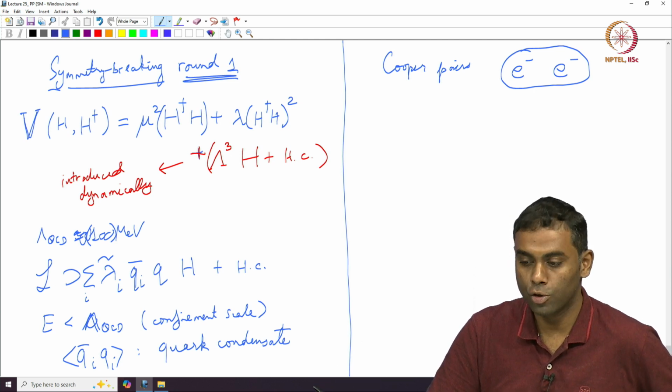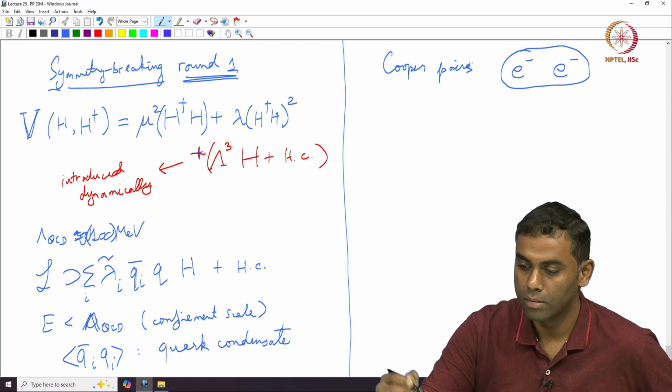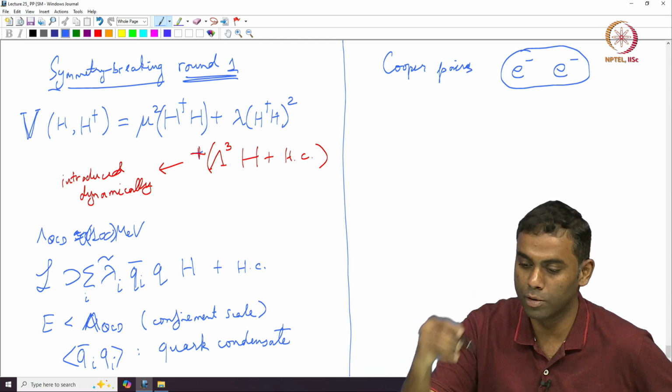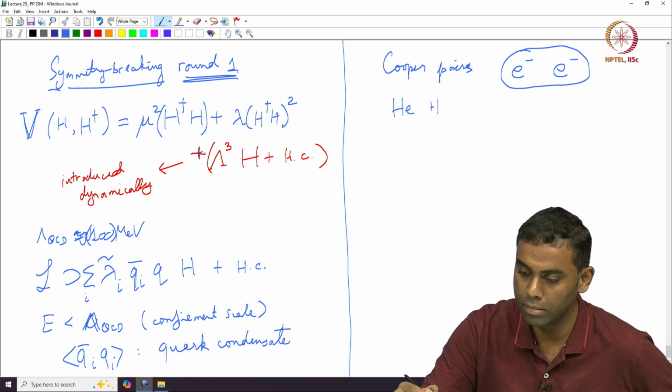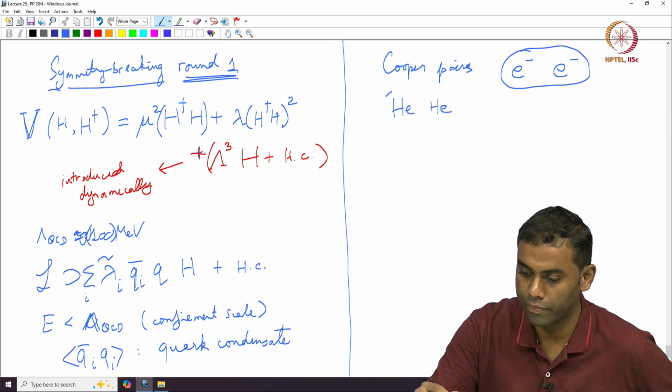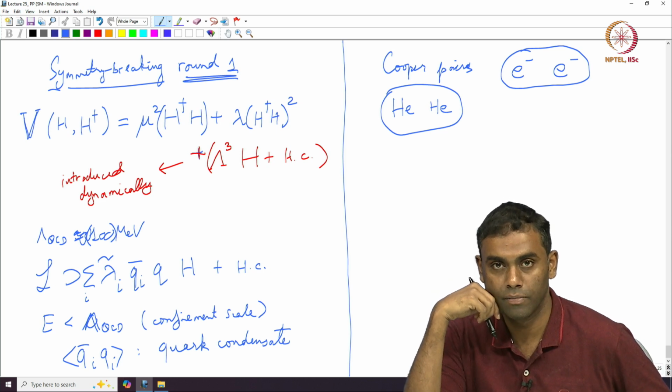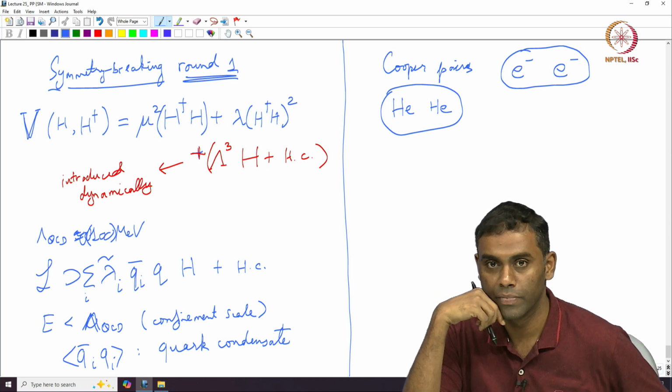And in superconductivity also you have this, right. In fact, this is what I am talking about is indeed superconductivity, and in superfluidity you have two helium nuclei pairing up into a Cooper pair, correct.